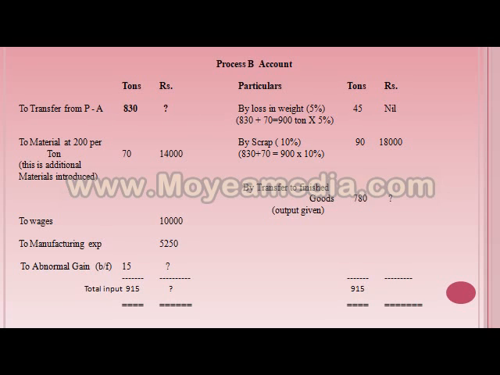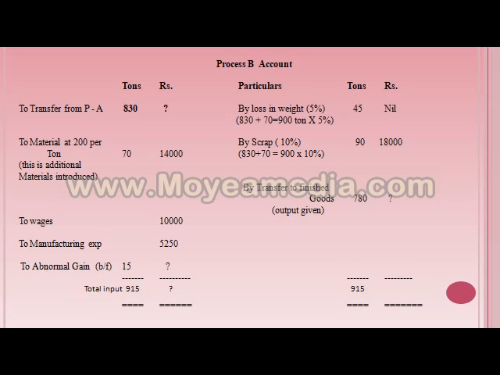So in process B, you calculate the normal loss and the scrappage on 900 units. 900 into 5% will give you 45 units. Then the scrappage is 10% again, from 900: 10% will give you 90.